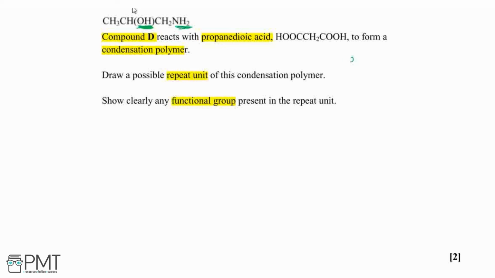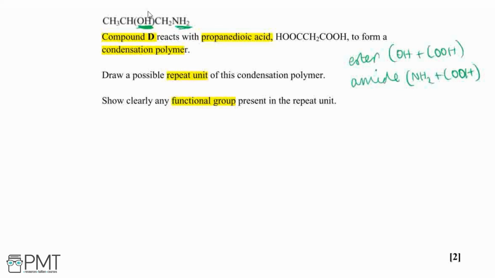So we're going to have an ester group and we're going to have an amide group in our compound. So this is from our OH and our carboxylic acid, and this one's from our amine and the carboxylic acid as well. So there are actually two possible repeat units for this condensation polymer.